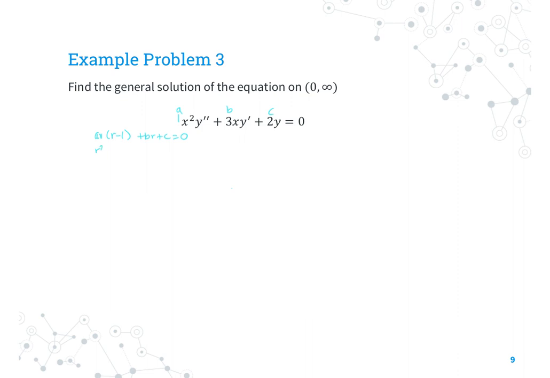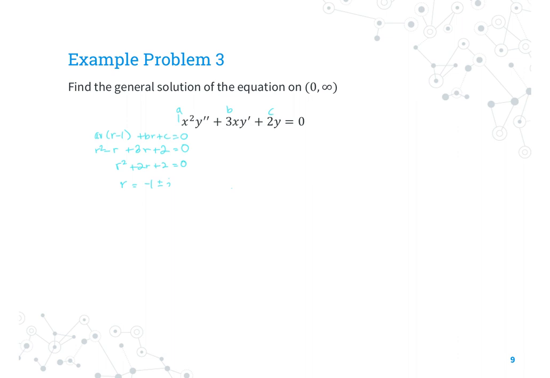So we end up with R squared minus R plus 3R plus 2 equals 0, or R squared plus 2R plus 2 equals 0. This yields an R that is equal to -1 plus or minus i. I'll leave you to do the quadratic formula for yourself on that one.